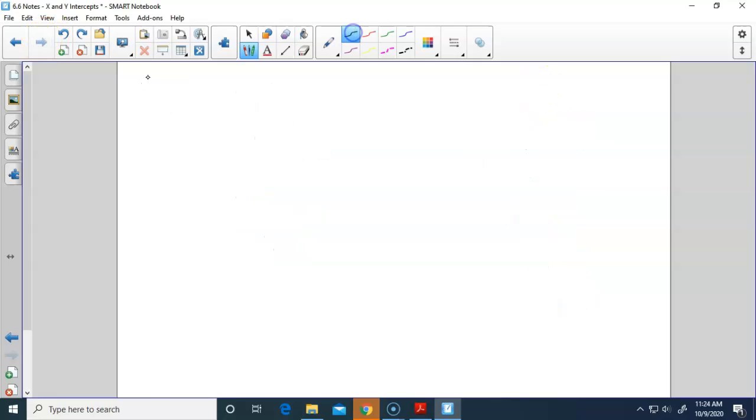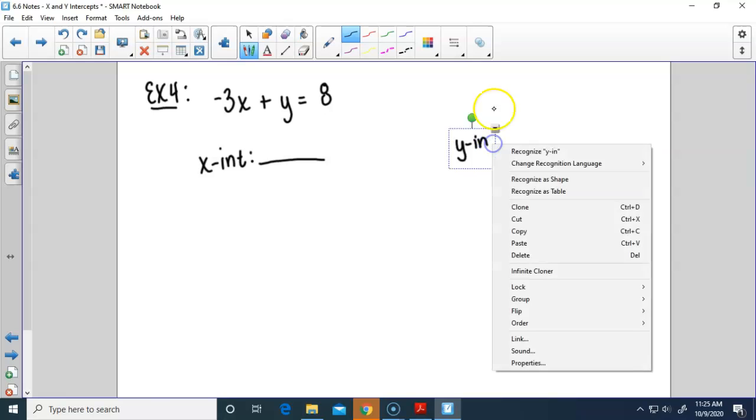Let's do one more. Example 4. Let's do -3x plus y equals 8. And we're looking for both the x-intercept and the y-intercept.